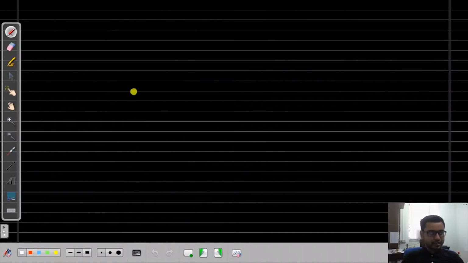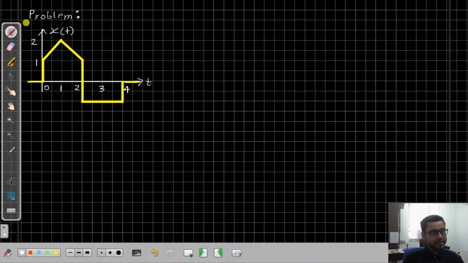Now let us solve some problem. So here is the question. Some signal x of t is given to us and the question is to draw x dot t.